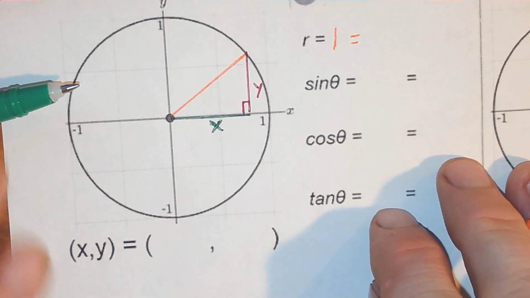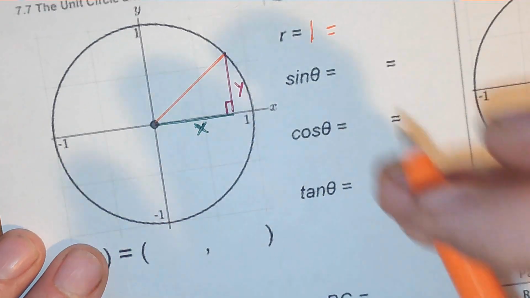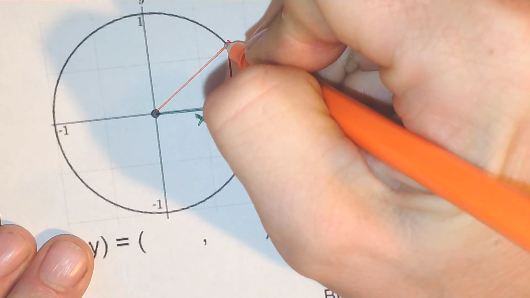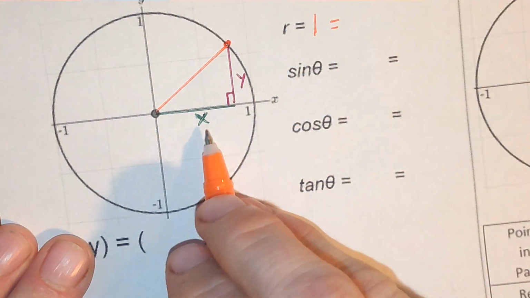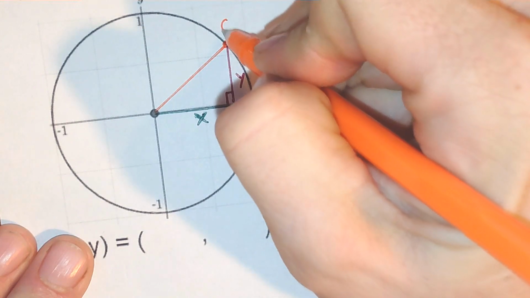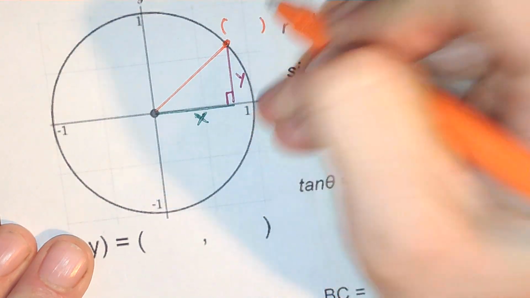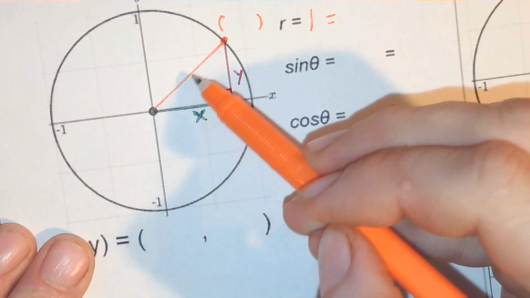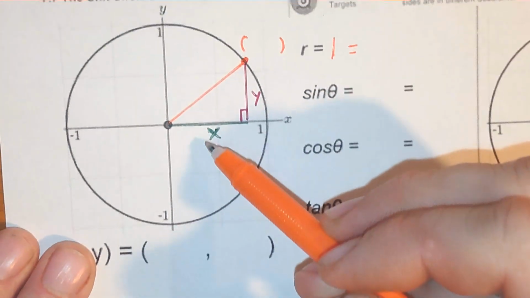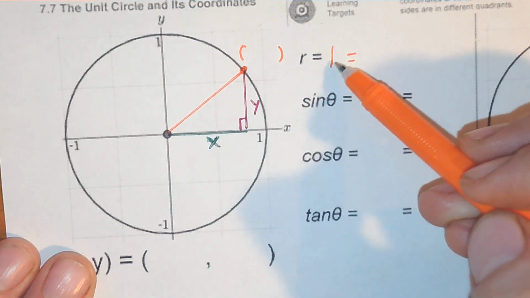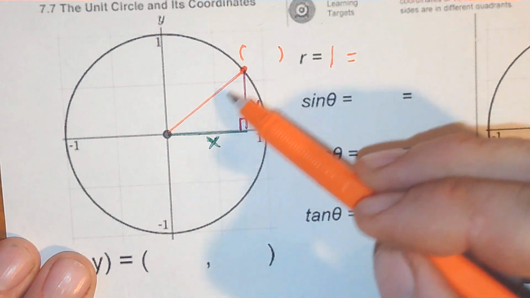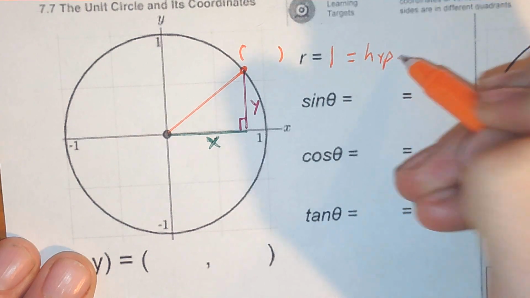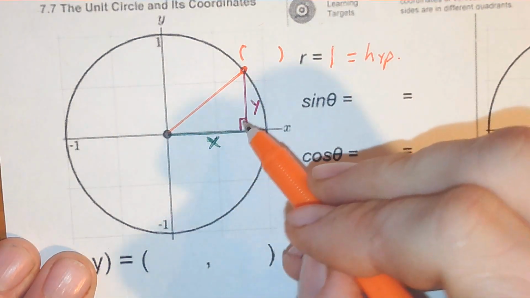If I had a triangle that would represent this point here on my coordinate plane, this coordinate pair, the distance of this point from the origin would be r, my radius, which is also the hypotenuse of this right triangle.